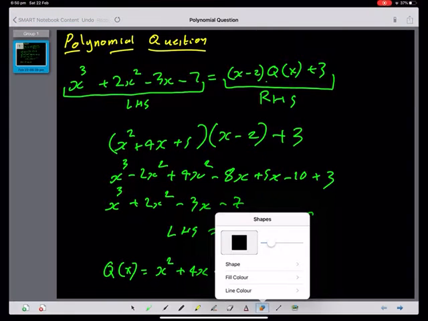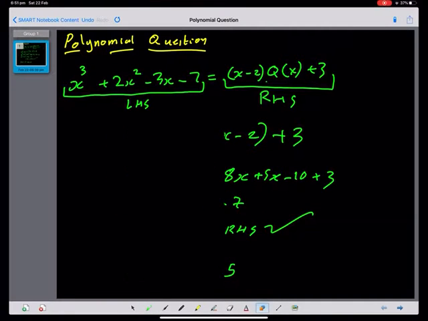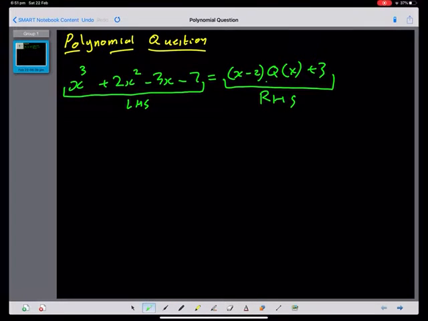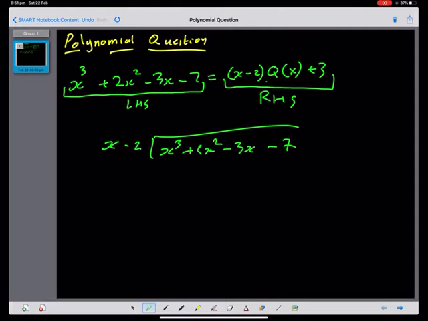So let's have a look at method 2. Method 2 wouldn't be my first choice because it's easier to make errors when doing algebraic division, and the algorithm is difficult to use. Okay, so we are going to divide x minus 2 into x cubed plus 2x squared minus 3x minus 7.